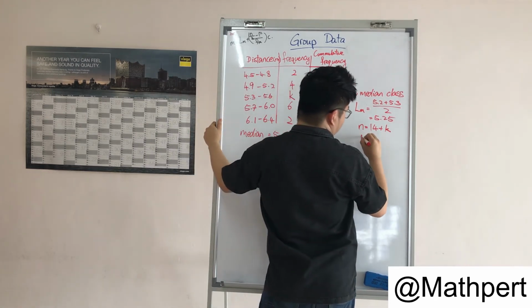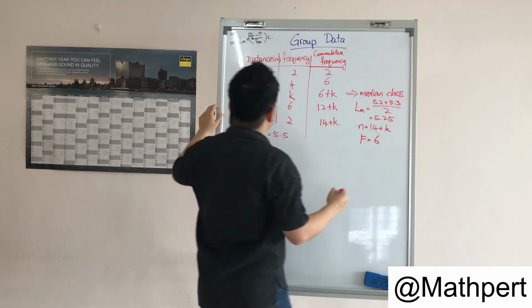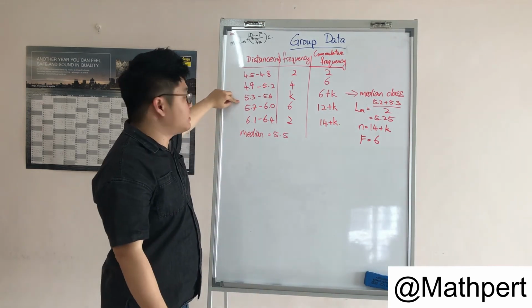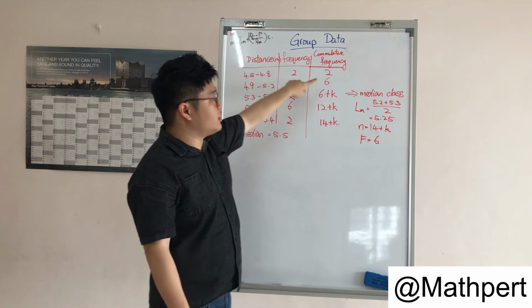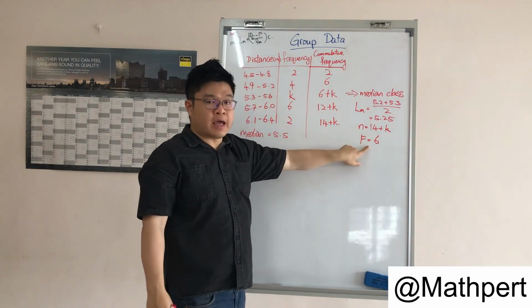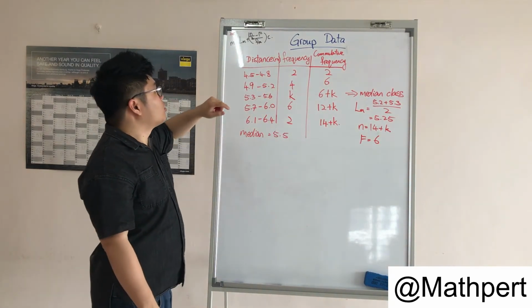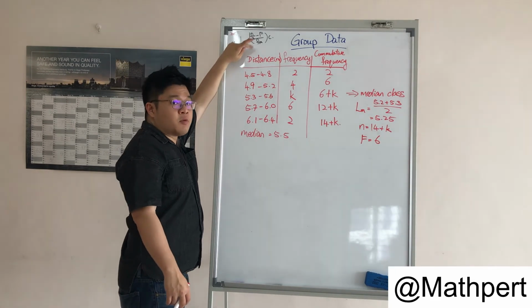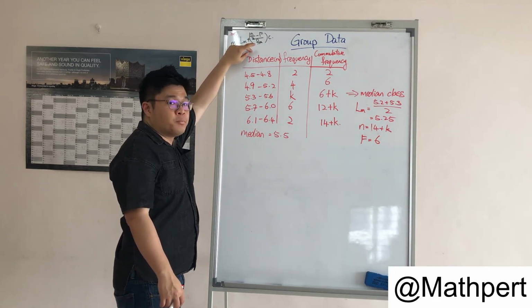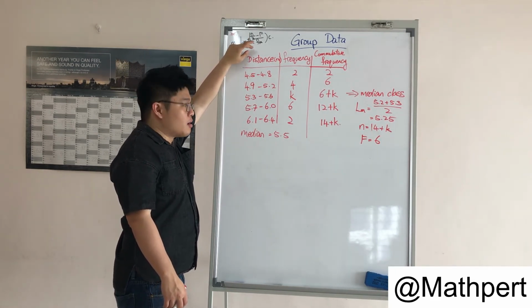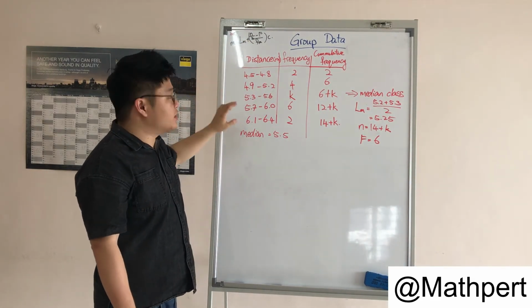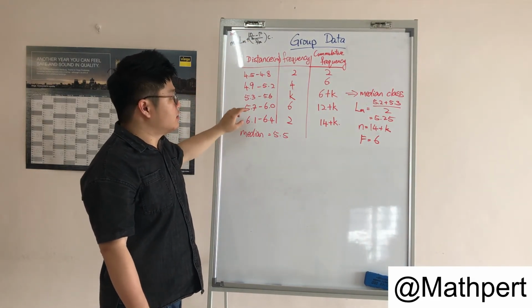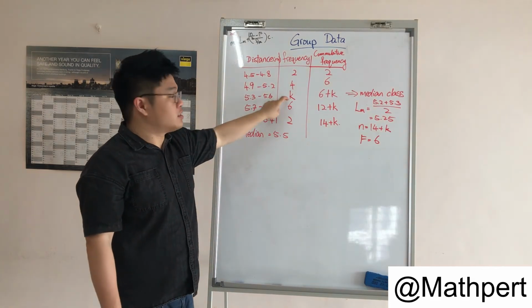So one class before median class is 4.9 to 5.2, and the cumulative frequency is 6. So big F equals to 6. So small fm, what does that mean? It is the frequency of median class. So this is K.